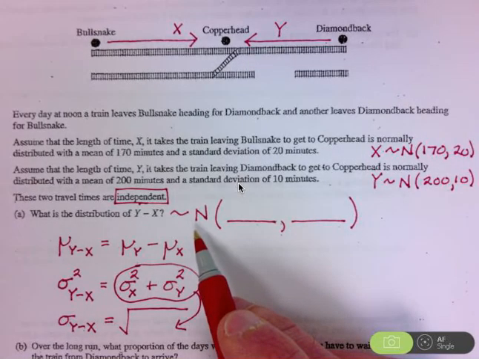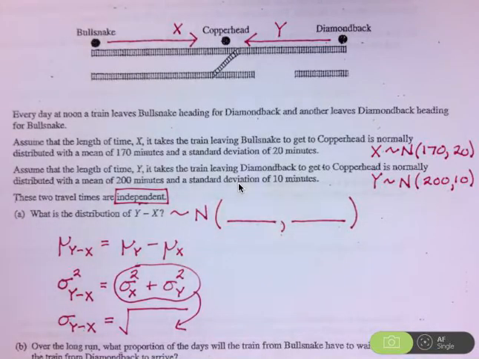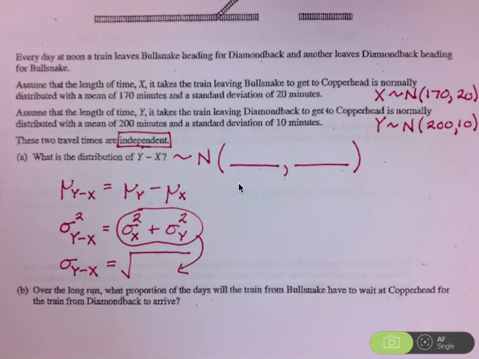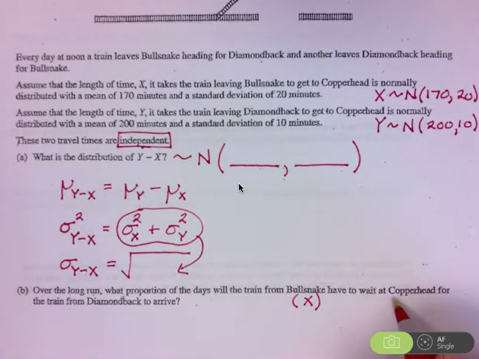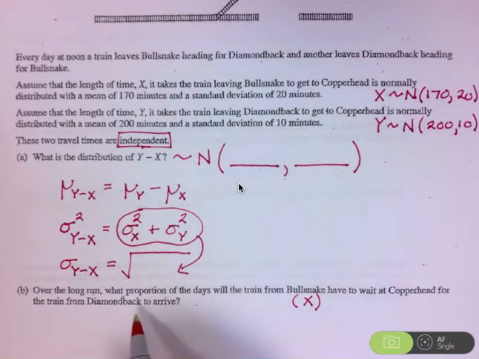And like most AP questions, you're going to recycle what you've done in part A to answer part B. So the question says, what proportion of the days will the train coming from Bull Snake, that's X, have to wait at Copperhead for the train from Diamondback to arrive?